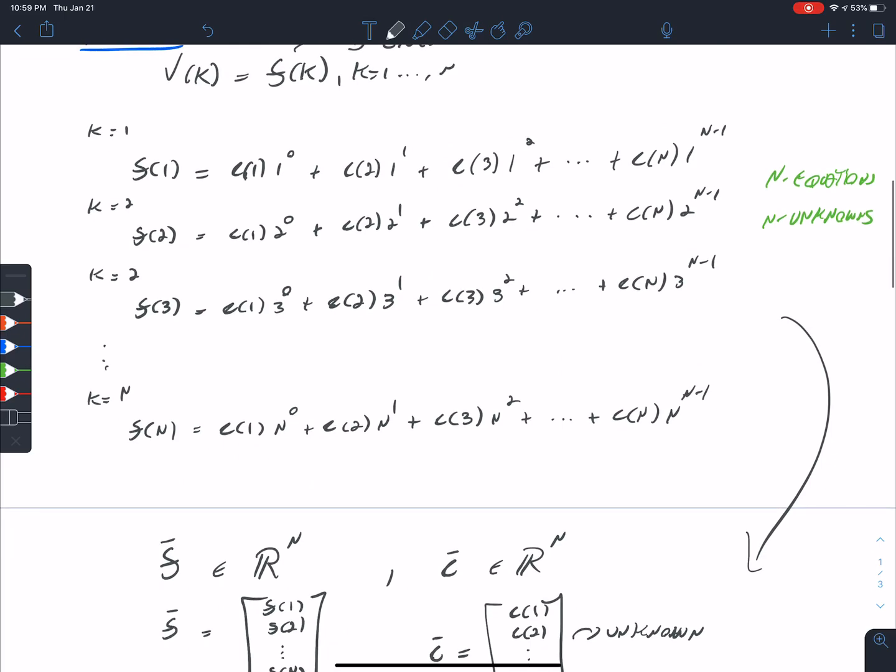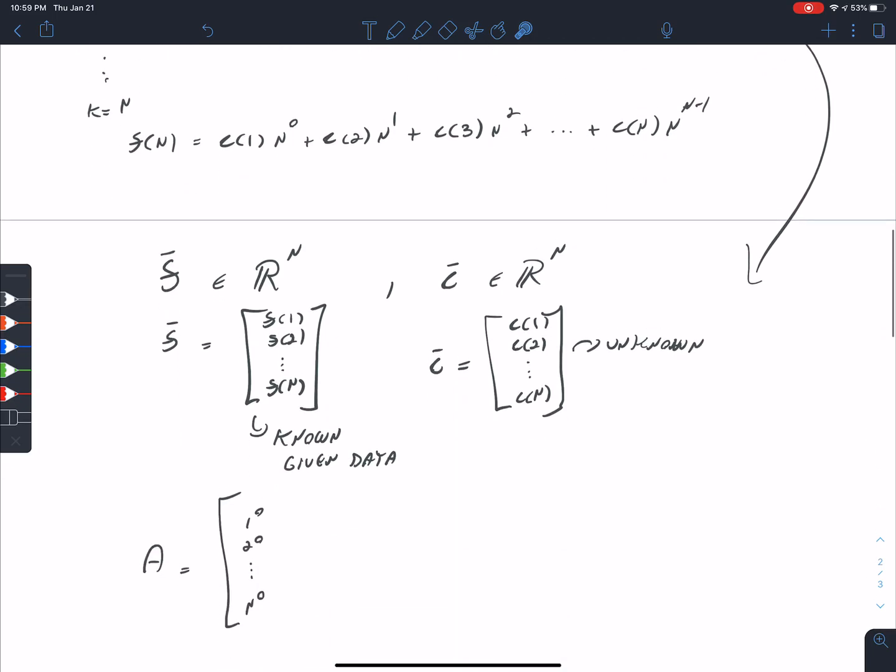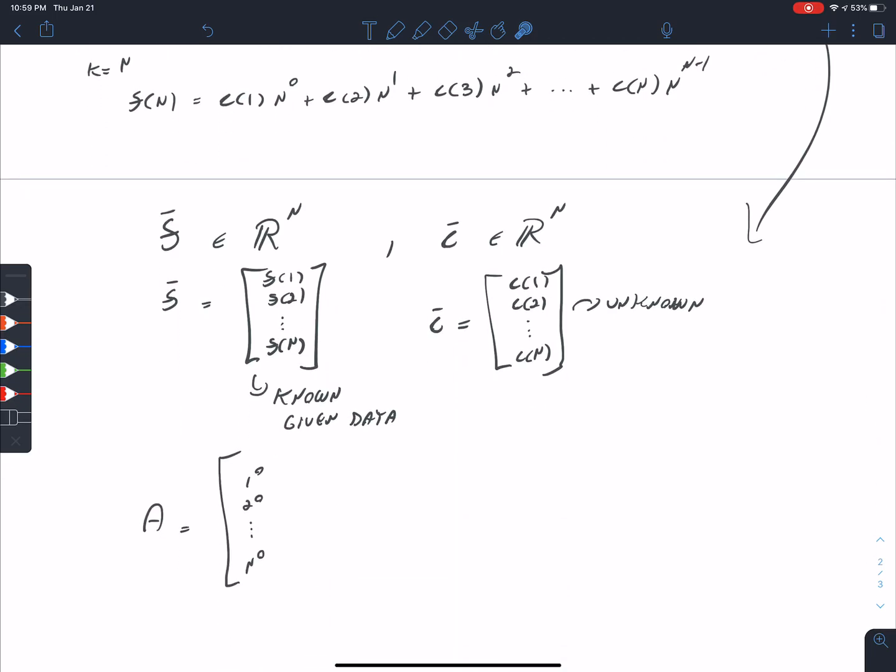The second column will be 1 to the first power, 2 to the first power, 3, and so on. Right, so we'll say 1 to the first, 2 to the first, all the way through n to the first. Let's write the third column. This is going to be 1 squared, 2 squared, all the way through n squared.